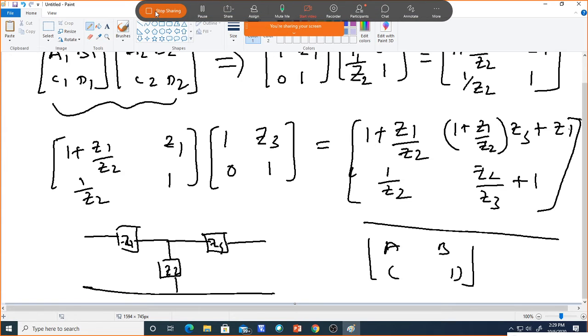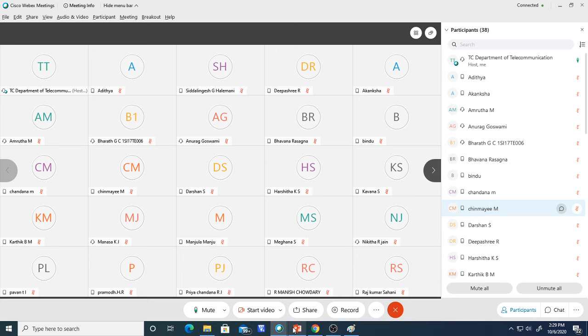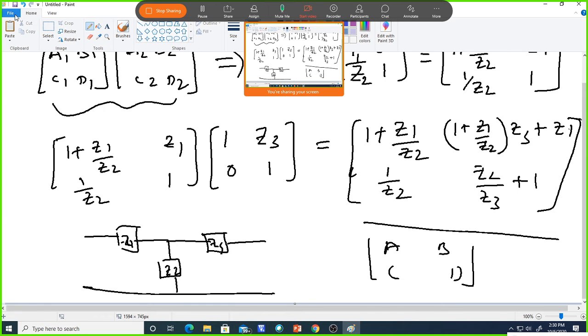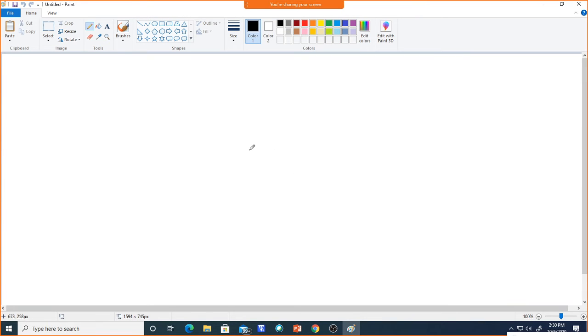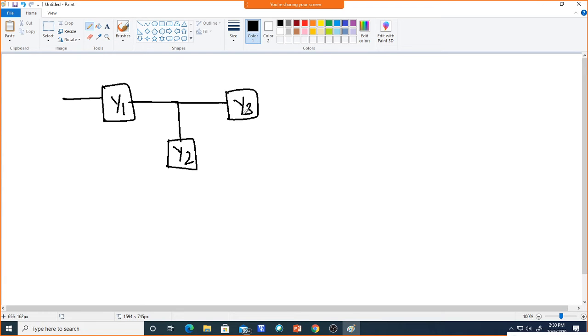So this is about the cascaded connection. Now try to do this one, which will be in terms of y. I'll write it as, try to do this.